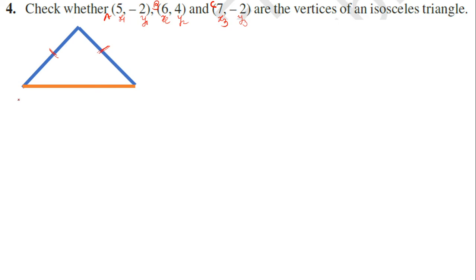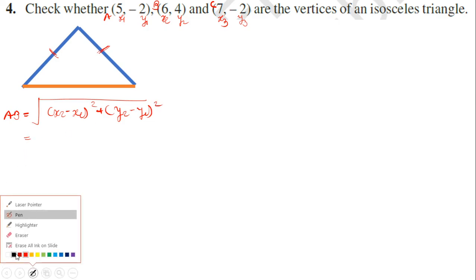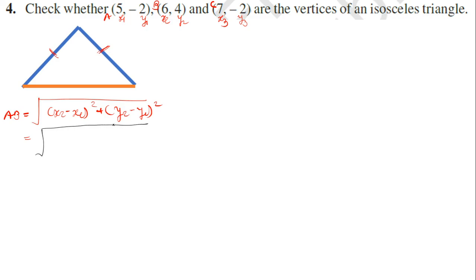Now if you want to find the distance between A and B, that is the root of x2 minus x1 whole square plus y2 minus y1 whole square. x2 is 6 minus 5, so 6 minus 5 whole square plus 4 minus minus 2, that is 4 plus 2, whole square. 6 minus 5 is 1 and 1 square is 1, plus 4 plus 2 is 6, and 6 square is 36, plus 1 is 37.